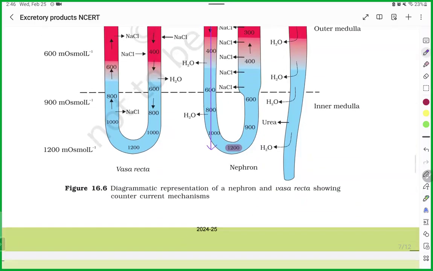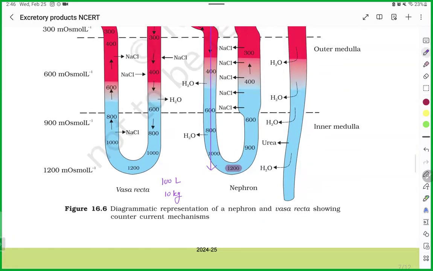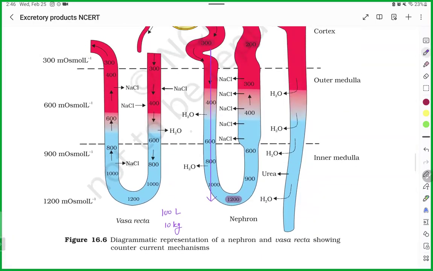Example, let's imagine you had 100 liters of water and 10 kg of salt in the blood for the whole day. Now, the descending limb of the loop of Henle and the collecting duct together will save 99 liters of water because they reabsorb it.